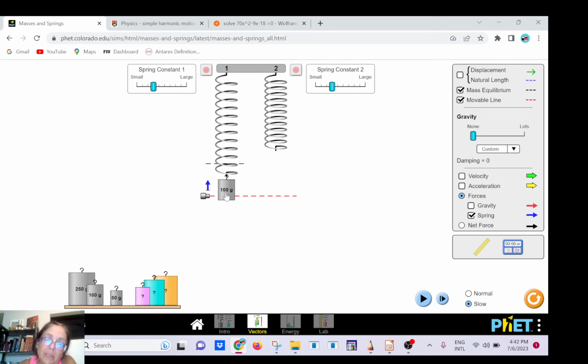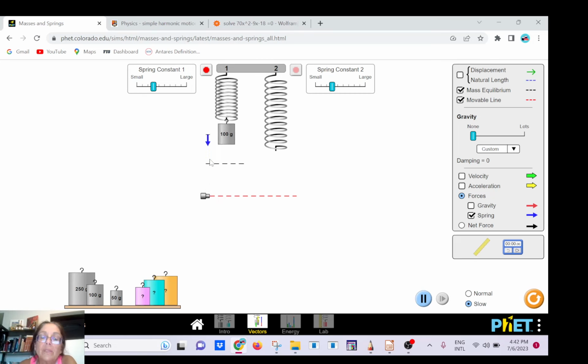So I'm going to pull here. That's going to be called the amplitude. And there is no friction, no air resistance. And you're going to see it's going to oscillate about its position of equilibrium. So you see the force here, it's going to be large, then it goes to 0, then it's going to be large again.